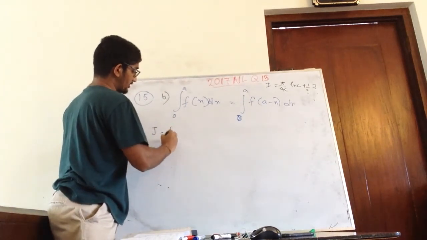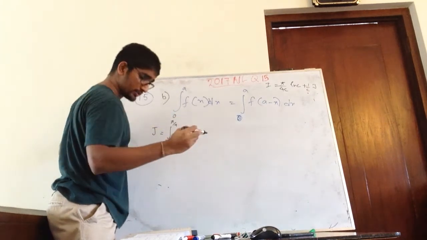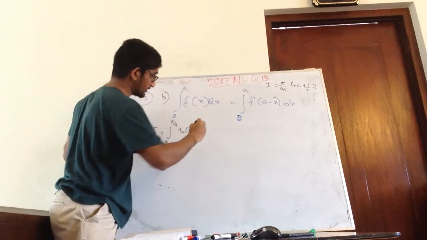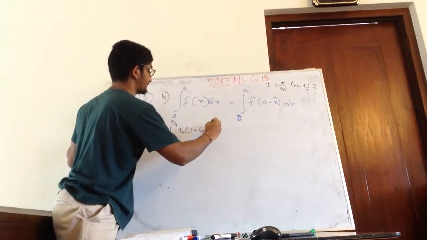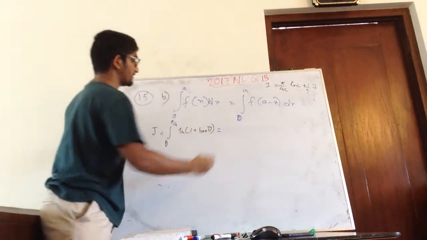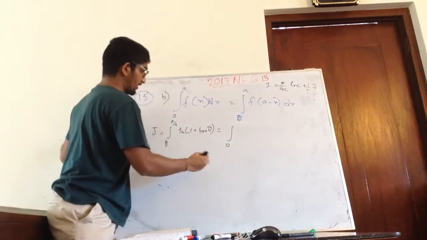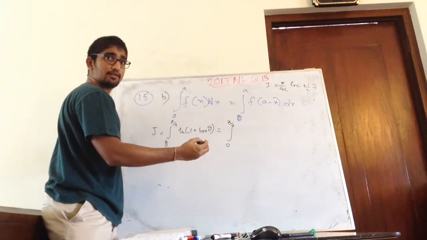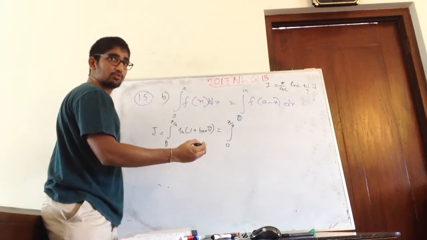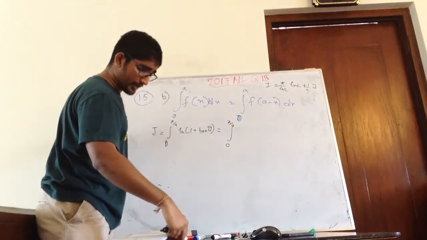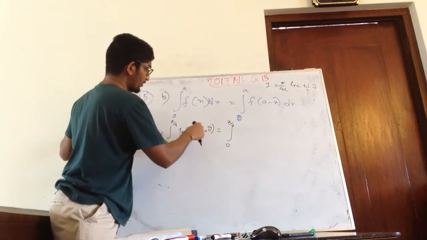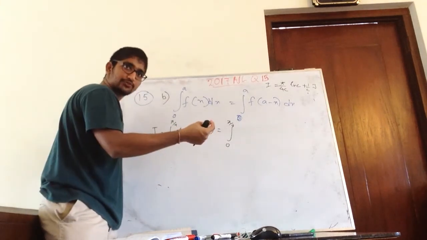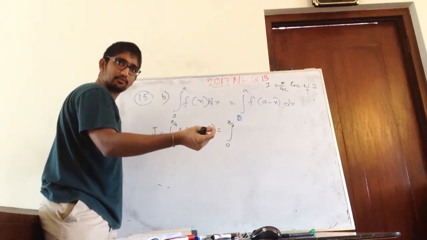0 to phi over 4 ln 1 plus tan theta. Right, so from this you can see, from 0 to phi over 4, you put, instead of theta, phi over 4 minus theta.